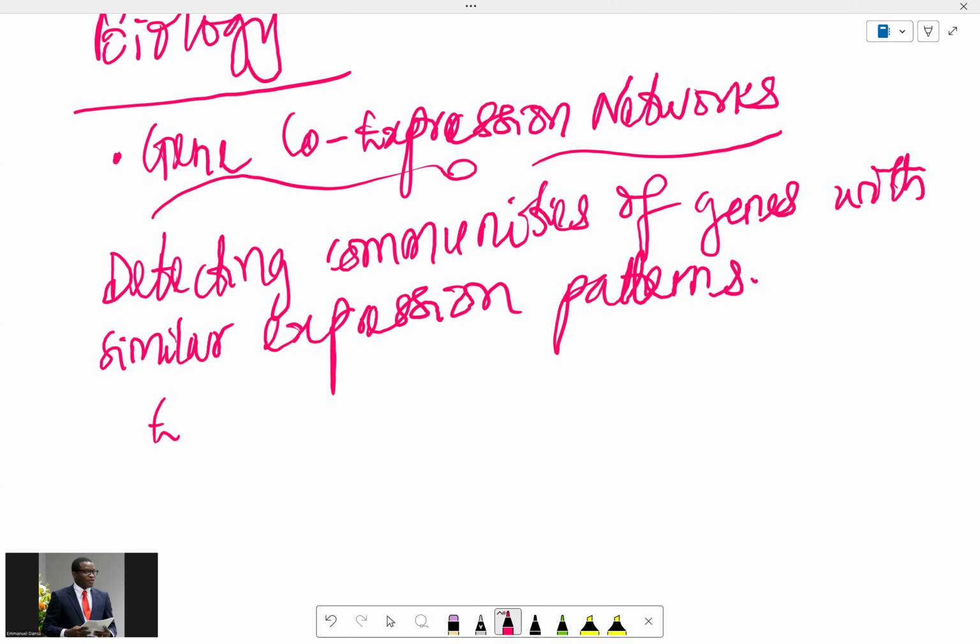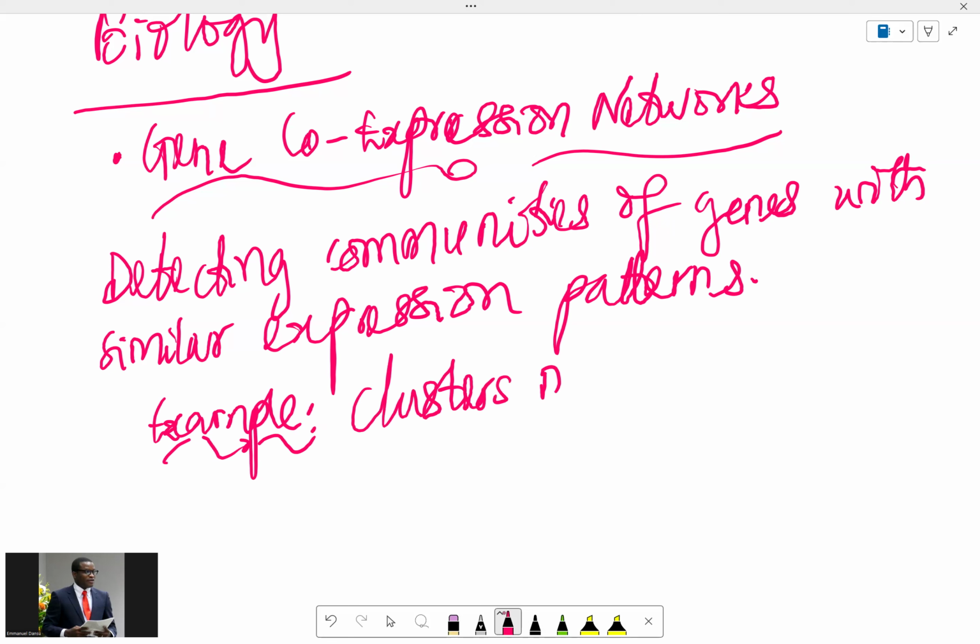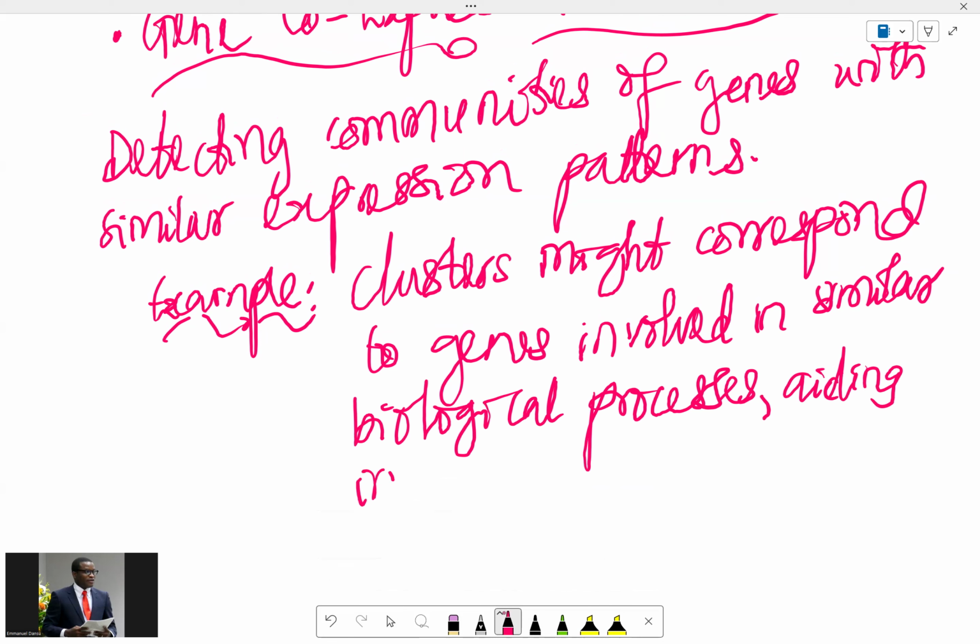An example of this would be that clusters might correspond to genes involved in similar biological processes, aiding in the study of diseases like cancer.